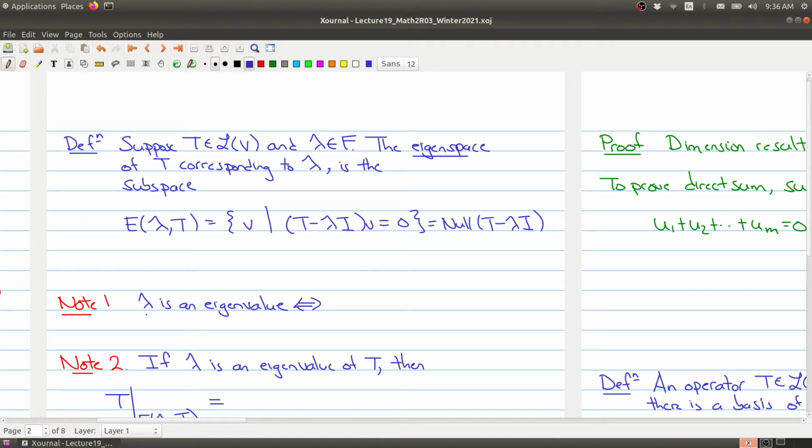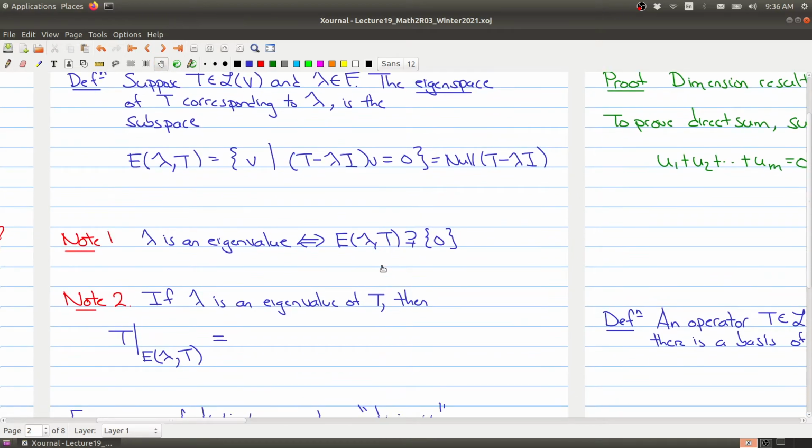Lambda is an eigenvalue if the corresponding eigenspace is strictly bigger than the zero subspace. The definition works for any number, and for most numbers lambda, this will just be the zero subspace, but you pick up an eigenvalue precisely when you get something strictly bigger than the zero vector.